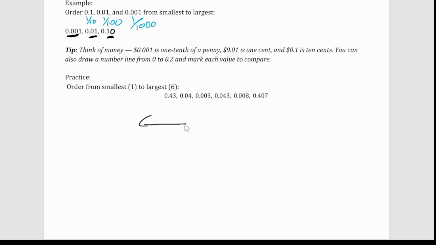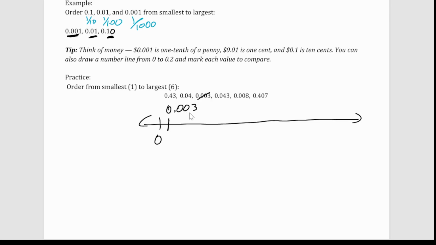So I would actually recommend picturing these on a number line and how they would relate to each other. If I have 0, something like the number 0.003, 3,000ths, is just going to be ever so slightly to the right of 0. That's a pretty small fraction. It's 3/10 of 1 cent, if you will.